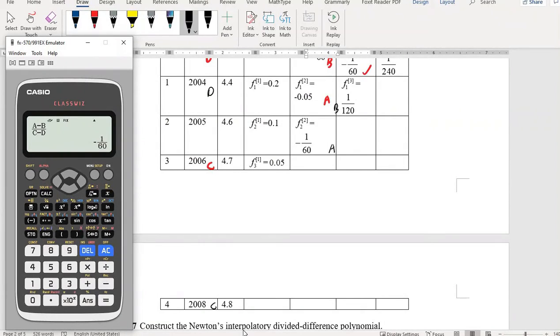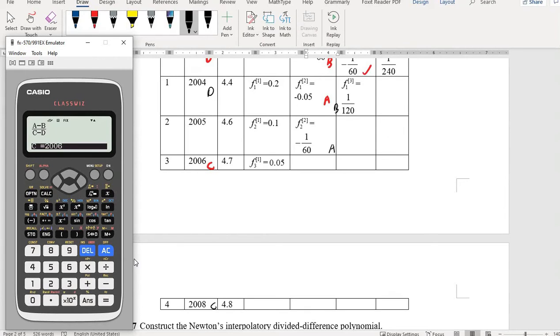How to identify C and D? 3 plus 1, so x, 3 plus 1 is 4. So x number 4 minus x number 1 here. After you identify properly, you calculate. So A is negative 1 divided by 60. B is negative 0.05.